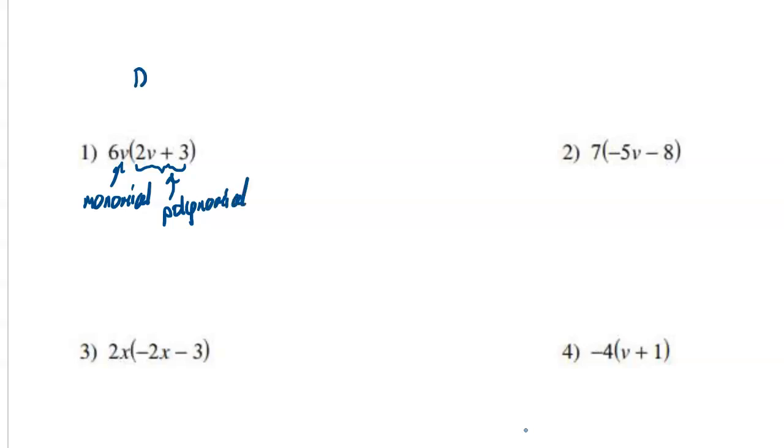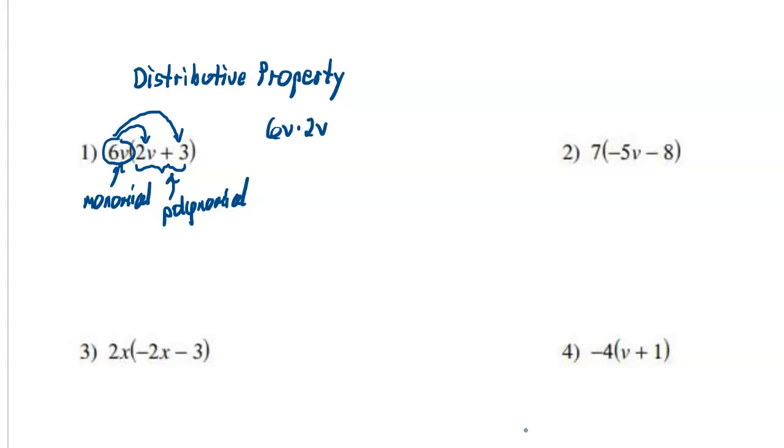To do this, you use the distributive property. Distributive property is where you take the monomial and multiply it to the first term in the polynomial, and then again to the second term in the polynomial. 6v multiplied to the 2v, and then again 6v multiplied to the positive 3.